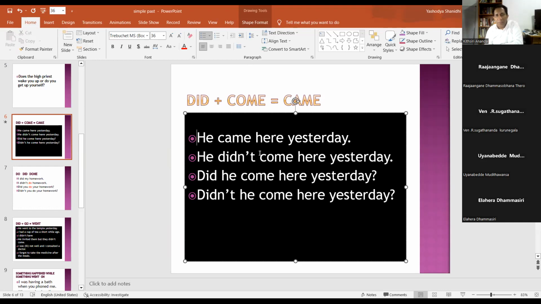But in the simple present, of course, we find two different helping verbs. He comes here, he doesn't come. They come here, they don't come. But here we do not have two helping verbs as we find in the simple present tense.